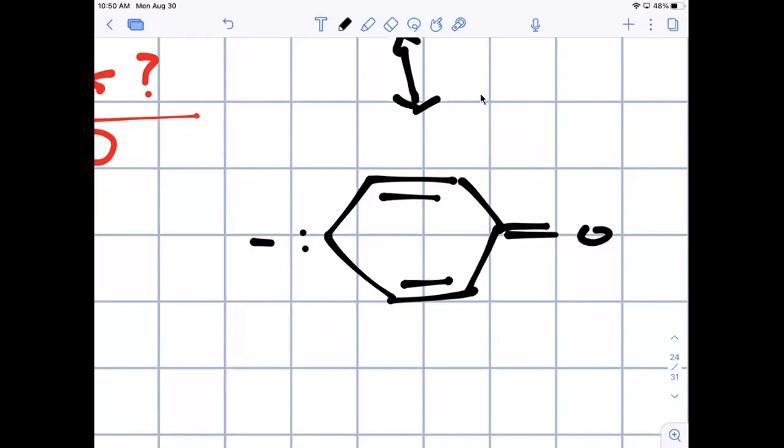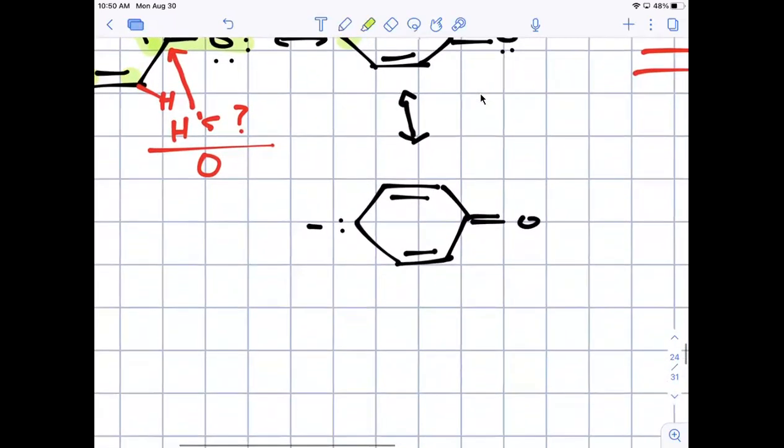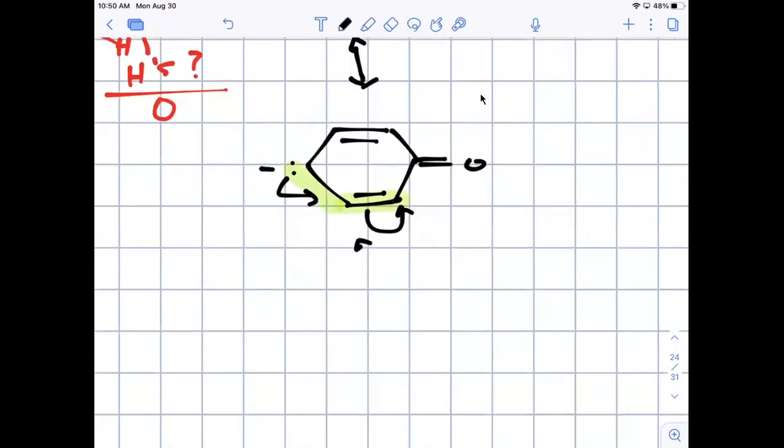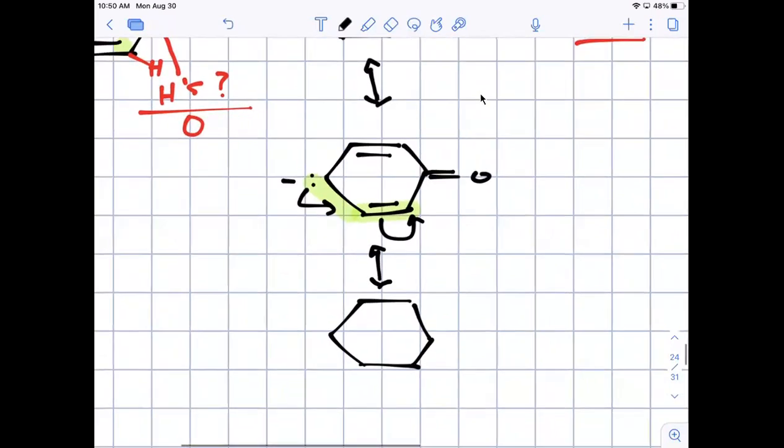All right. Can I do it again? You see the pattern again? Yes. So we can do it again here and here, right? Same pattern, same system, allylic anion. I'm just moving those electrons around that ring. What do you think that's doing for the overall stability of the ring?